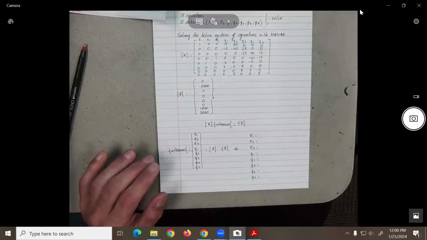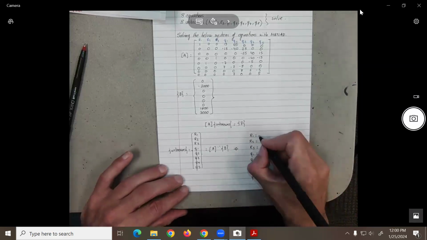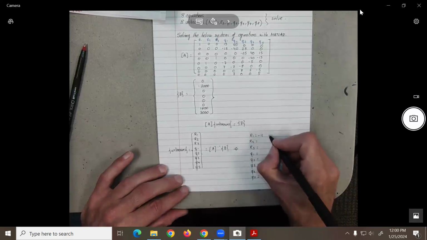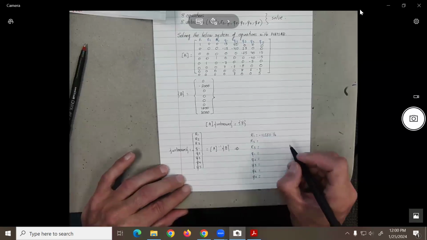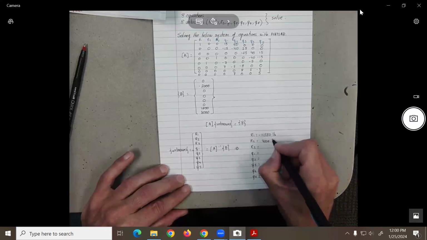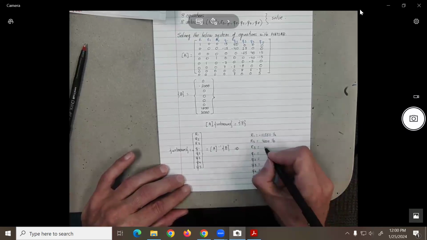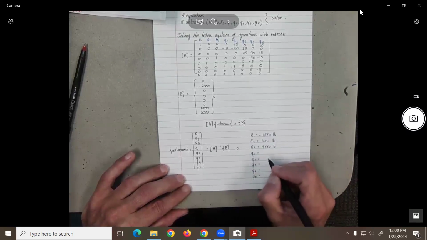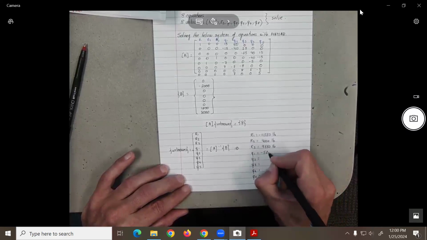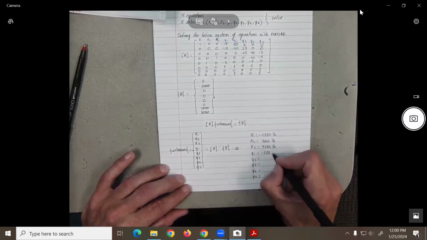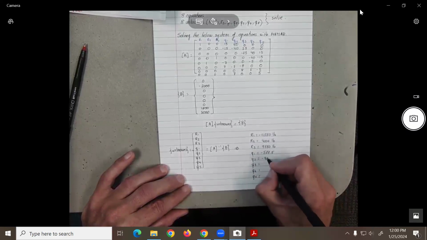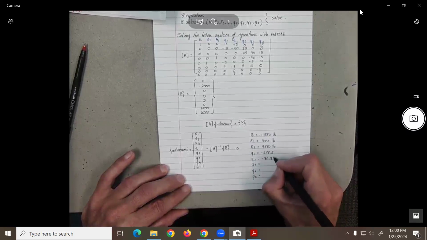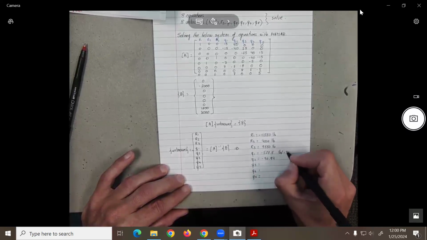That is supposed to give us minus 11,550 pounds, 4,000 pounds, 550 pounds, minus 527.5, minus 90.94. This will be pounds per inch.